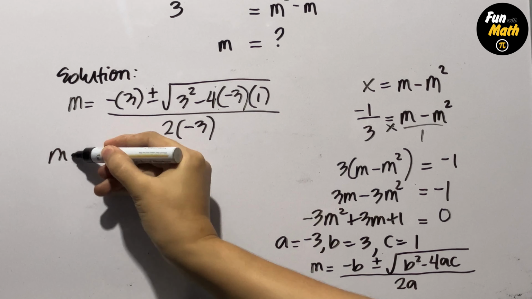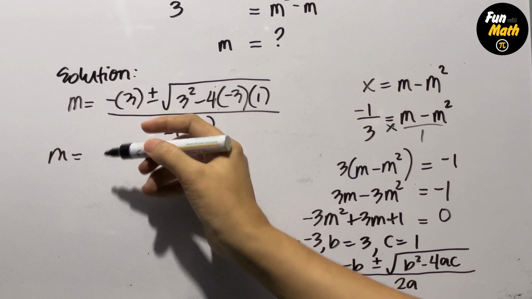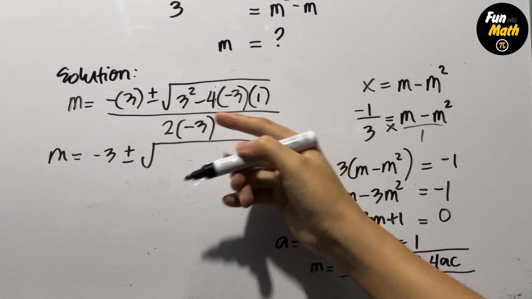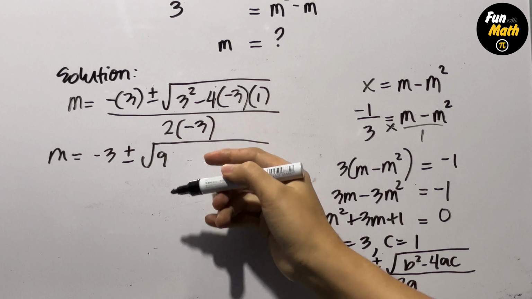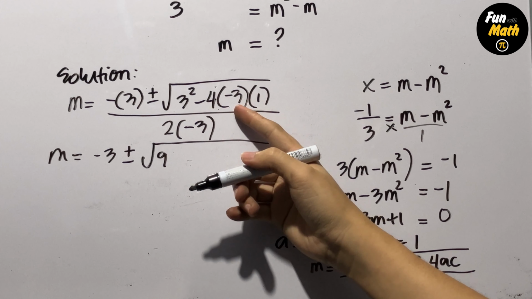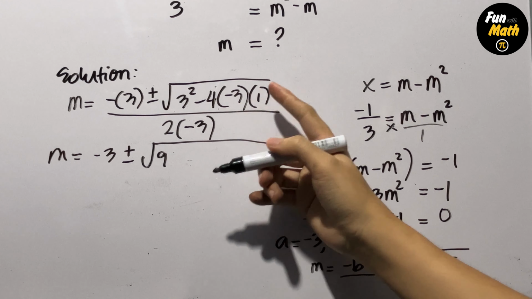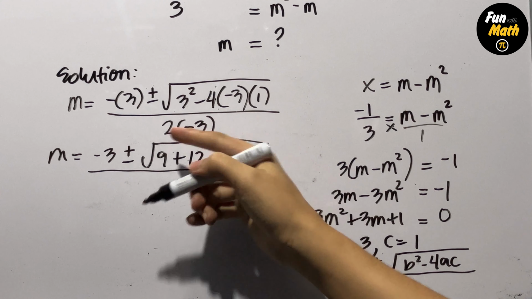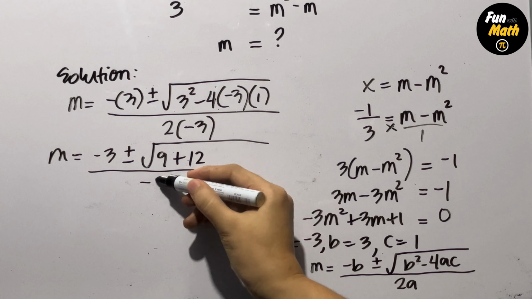And then m is equal to negative 3, plus or minus the square root of 3 squared, that is 9, minus 4 times negative 3, that is plus 12, times 1, that is plus 12, all over 2 times negative 3, that is negative 6.